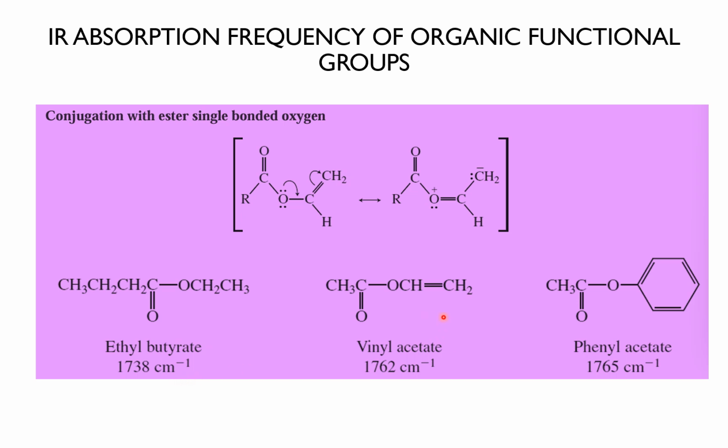For vinyl acetate, because the single bonded oxygen is in conjugation, the value is higher, which is 1662 centimeter inverse. And for phenyl acetate, the value is still higher, which is 1665 centimeter inverse. So when the conjugation of ester is with the single bonded oxygen atom, then the value increases.